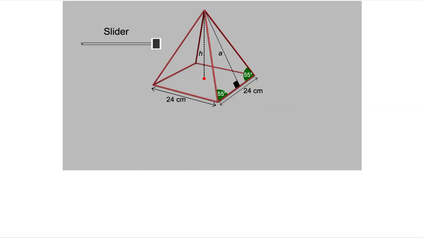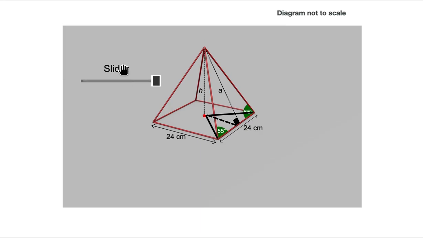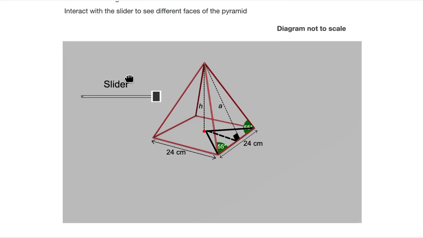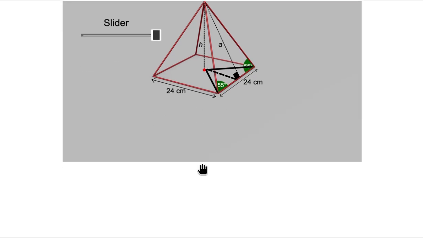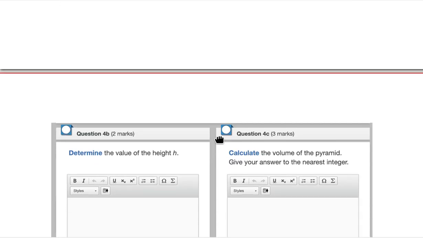Basically, this is the base of the pyramid, and this length is 17.1 centimeters, the dashed line that we just found. Determine the value of the height h.